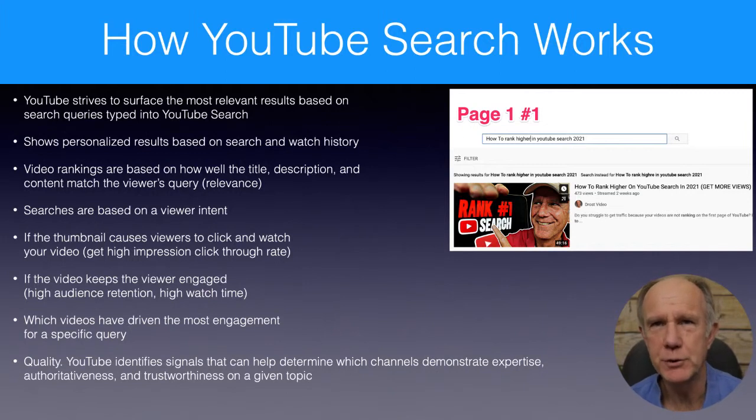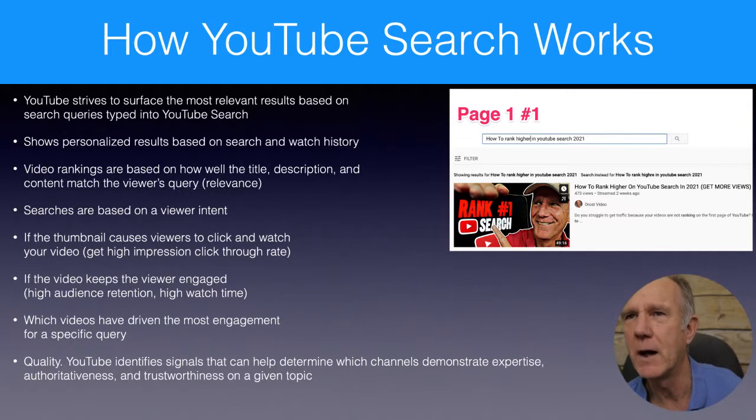So how does YouTube search work? YouTube strives to surface the most relevant results based upon the search queries typed into YouTube search. So over here on the right, I've got how to rank high. I think this was a live stream I did a couple of weeks ago, how to rank higher on YouTube search in 2021. At that time, it ranked page 1, number 1. I don't know if it still ranks there, but probably does.